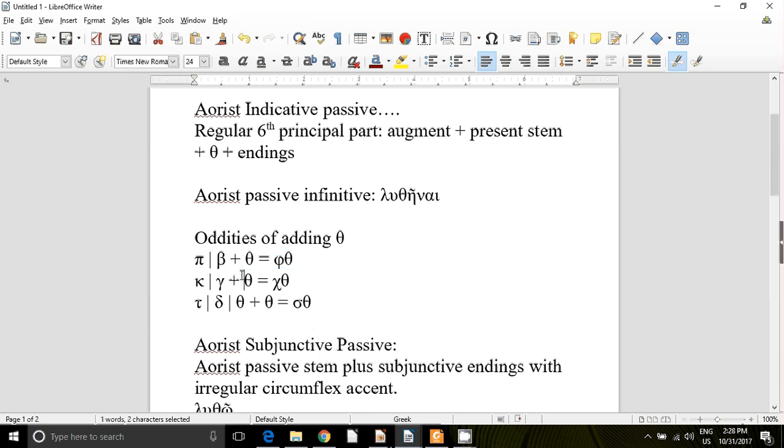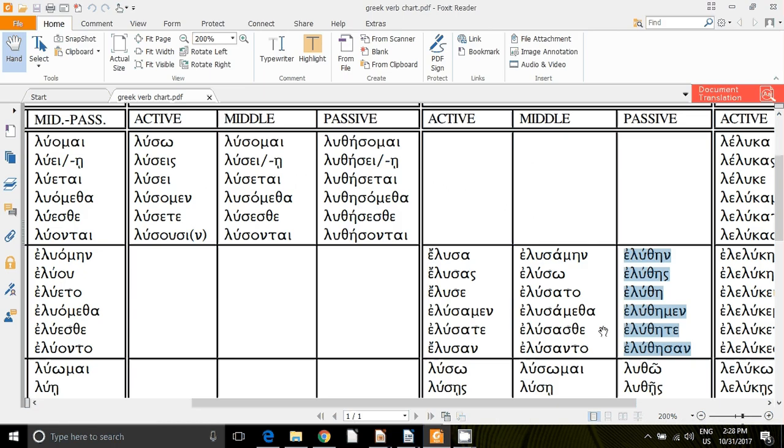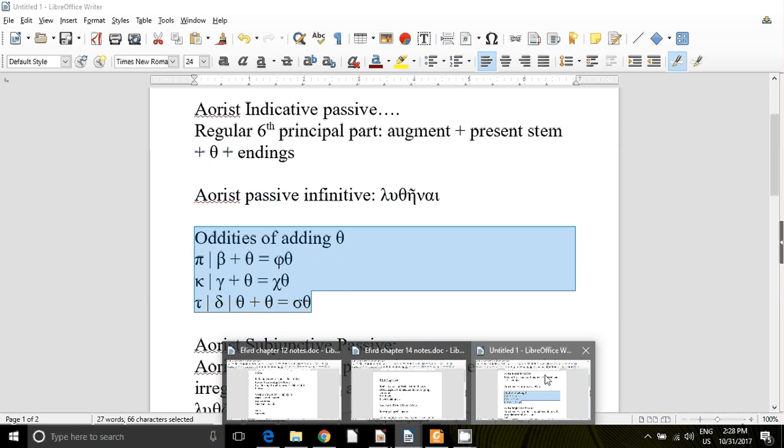When we add theta to a kappa or a gamma, a guttural, we get the aspirated guttural, chi theta. When we add a theta to a dental, that changes to s theta. Okay, so I would make this a chart, so you can learn that as well. And of course, we'll always make our verbs a chart.